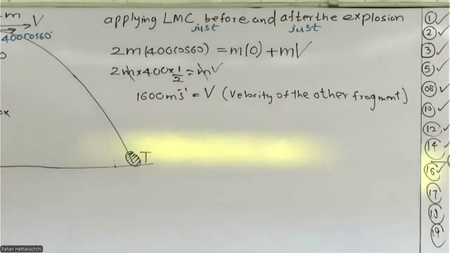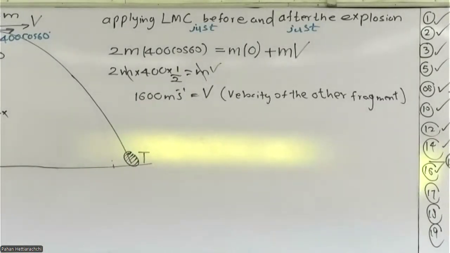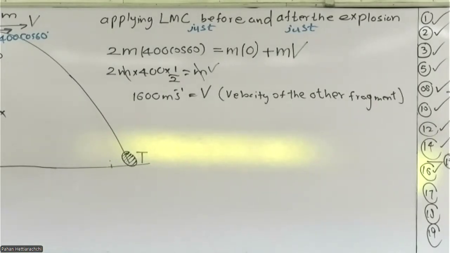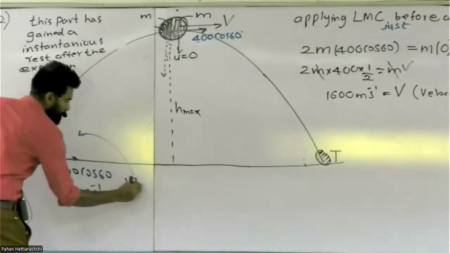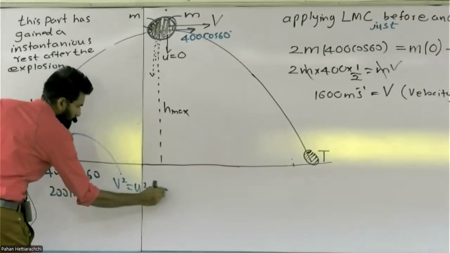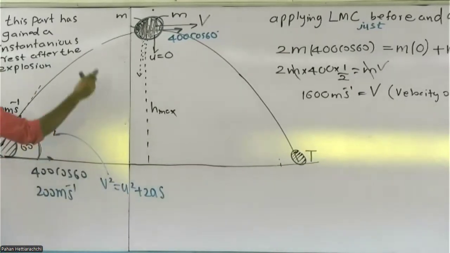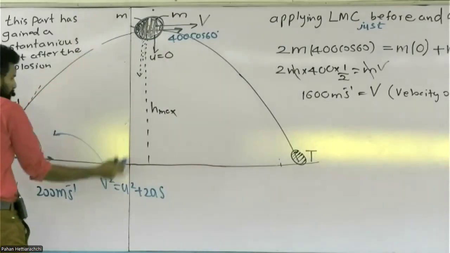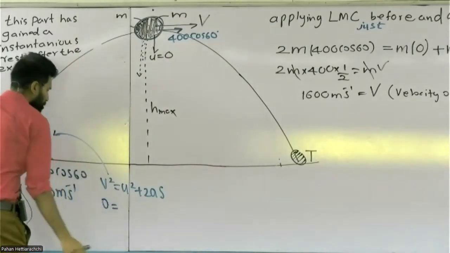Now I need to find this h max value to locate the exact position where this explosion happened. For the projectile motion, applying v squared equals u squared plus 2as. Considering the first half of the projectile motion, at the highest point the upward velocity is 0.